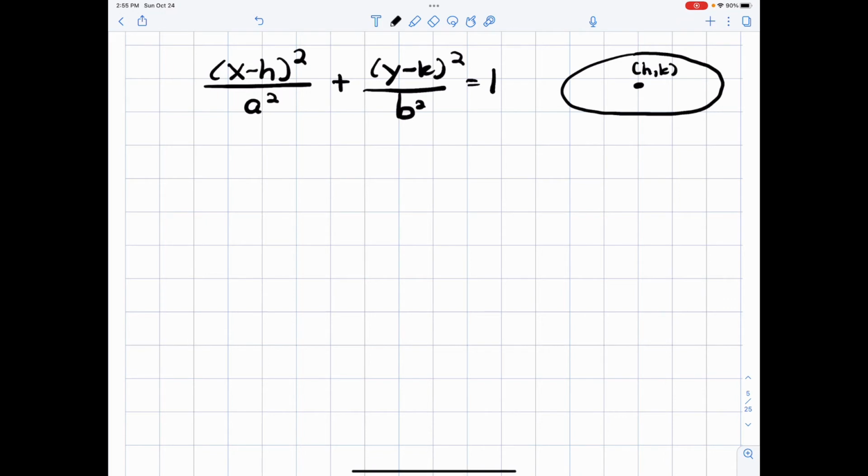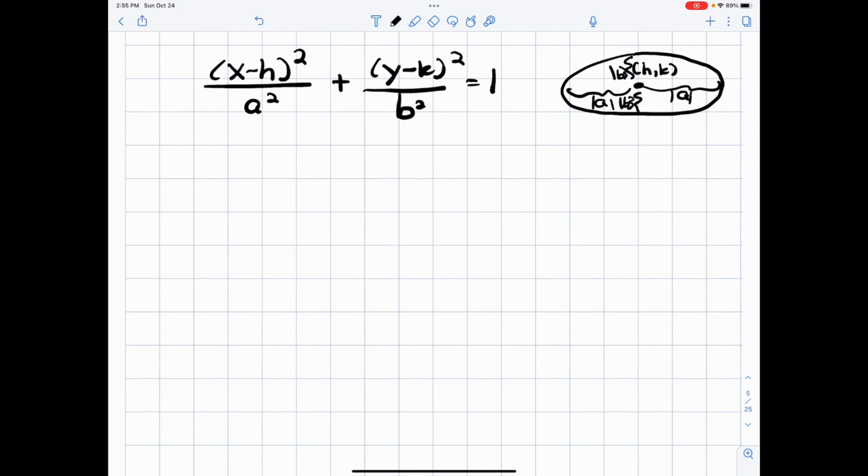And then your a is still the length from your center to one of your vertices. And the absolute value of b is still the distance from the center to the endpoints of your minor axis.